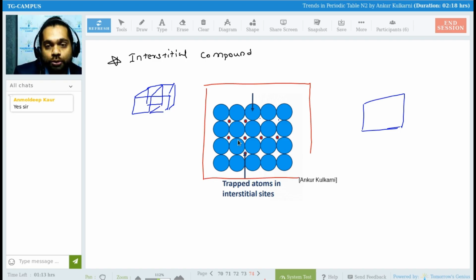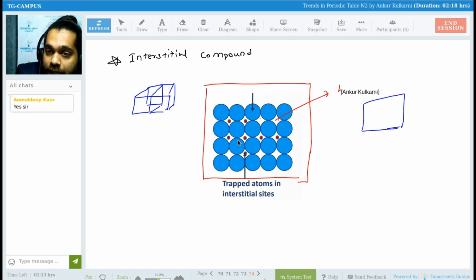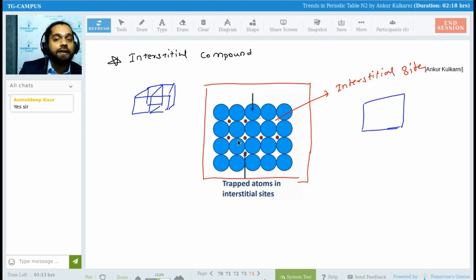Isn't it obvious the balls are round and the box is square, so 100% of space cannot be occupied. In a box you cannot keep spheres and occupy 100% of space. So the space that is left in between is called the interstitial site.